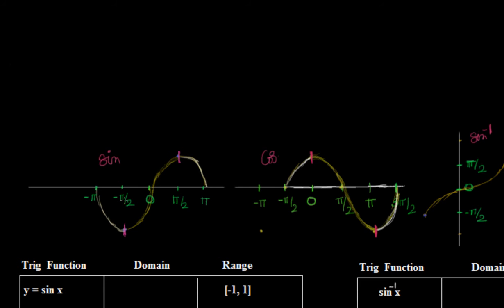Similarly here, instead of minus pi by 2 to pi by 2, you can do from pi by 2 to 3 pi by 2 only. The only thing is we have to make sure that it becomes a bijection. That means for each value of x here, the value of y is different, and all the values of y are covered. Now you can see in cos, the domain is 0 to pi. If I restrict the cos domain to 0 to pi, then I can have an inverse.